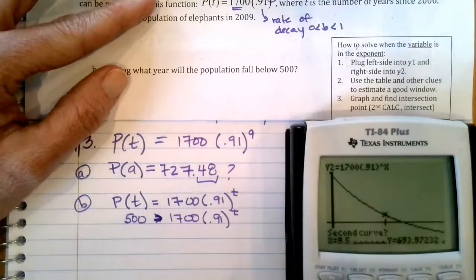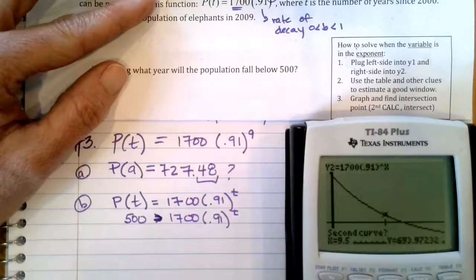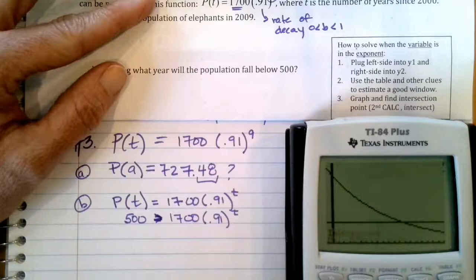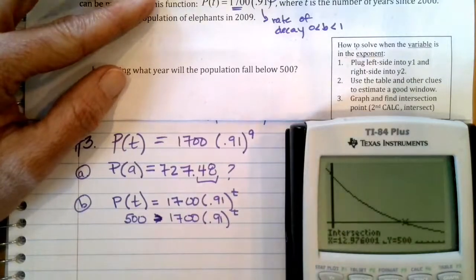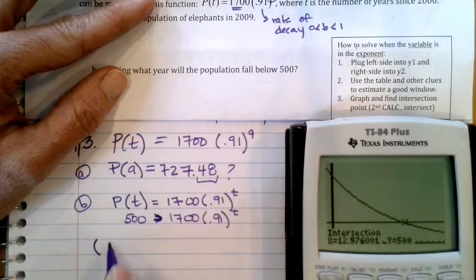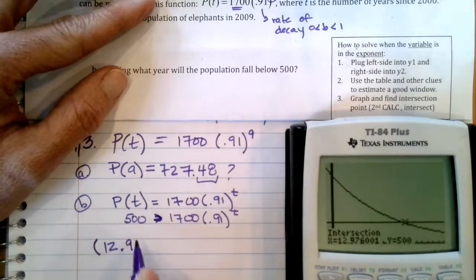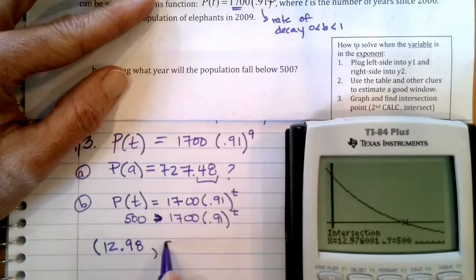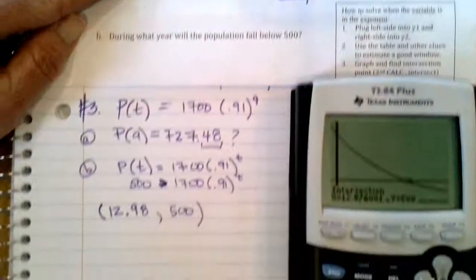He jumps up to my second curve and says, is this your second curve? Yes. He wants to know if you want to guess. You say no, thank you. And then he gives you an x, y ordered pair of about 12.9. We're going to round that up to 13. And then he says 500 is where he found that intersection.